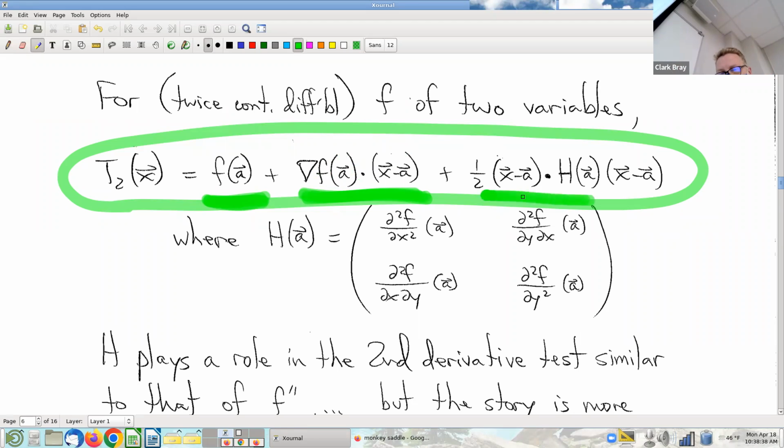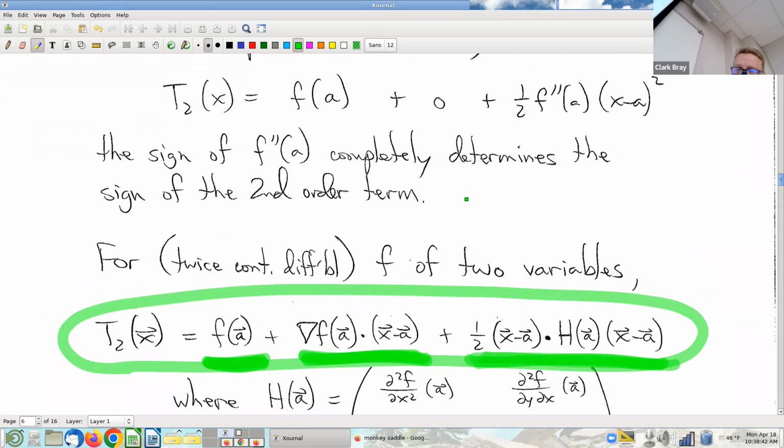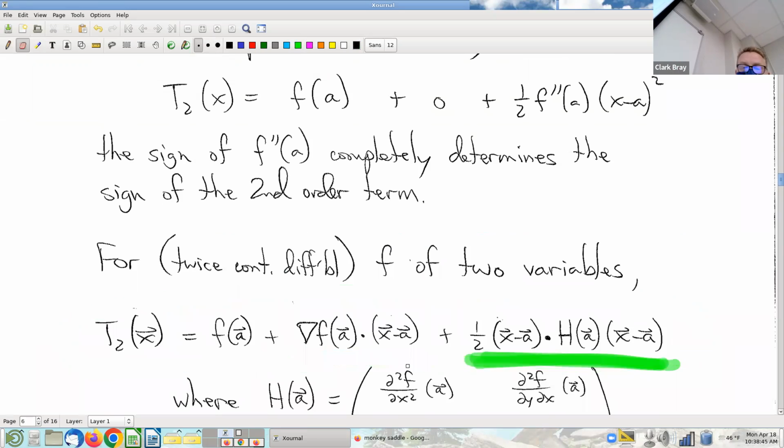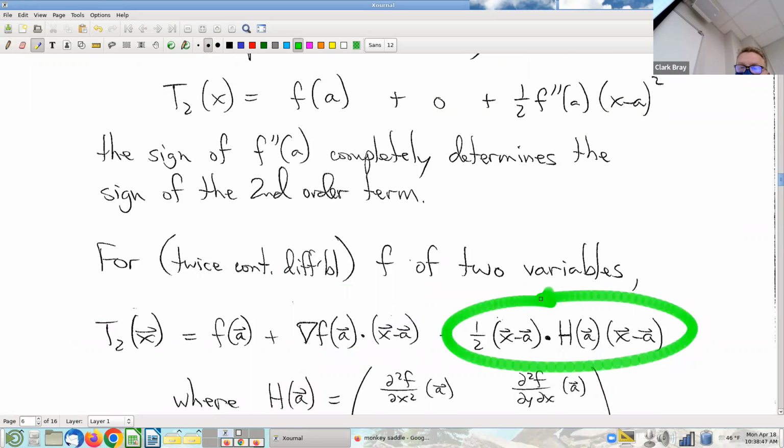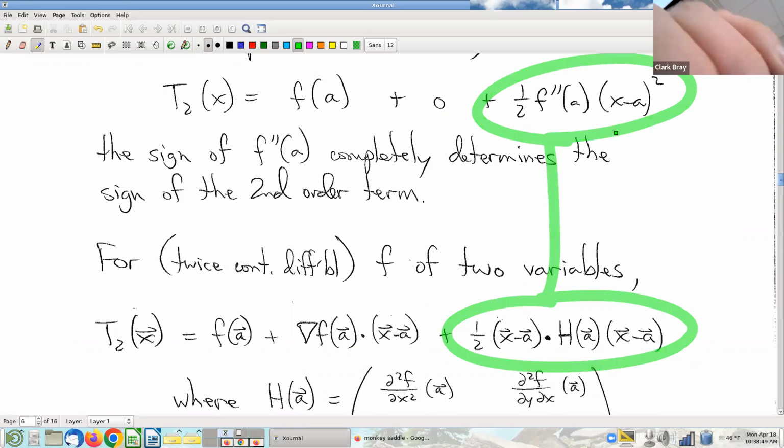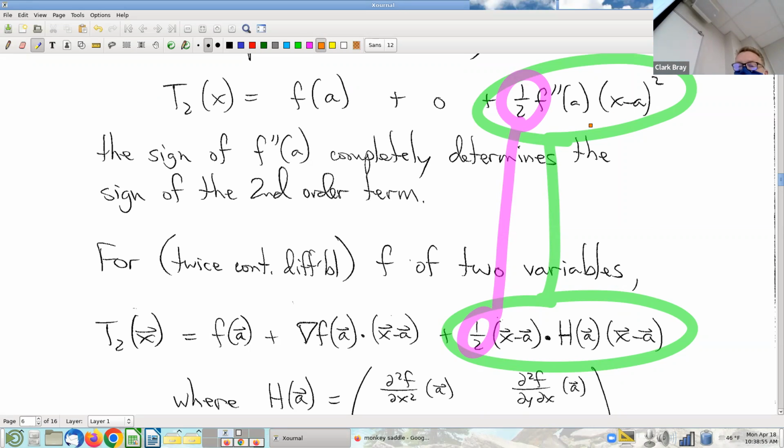And then there's a second order term. And this too is reminiscent of what we had up here. If you look at this and compare it with that, you see that there's the 1/2. And then there are two factors of x minus a.